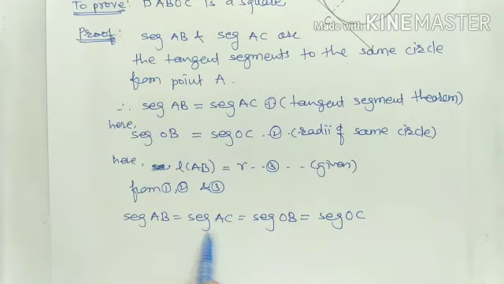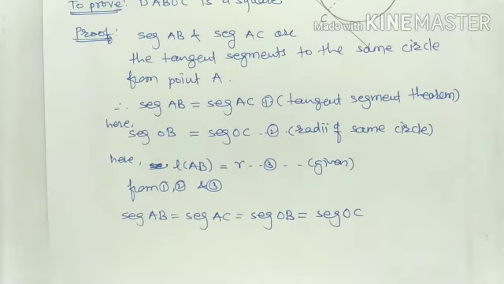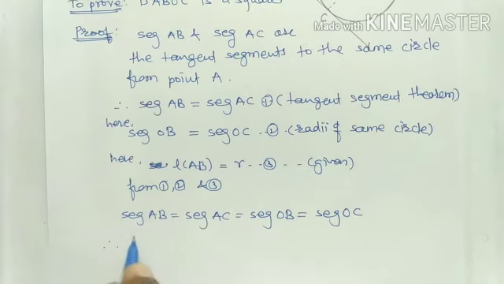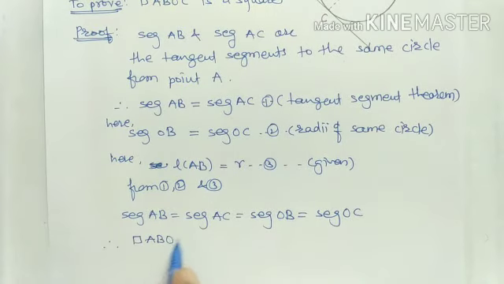Here all these four sides of this quadrilateral ABOC are equal in length, and therefore quadrilateral ABOC is a rhombus.